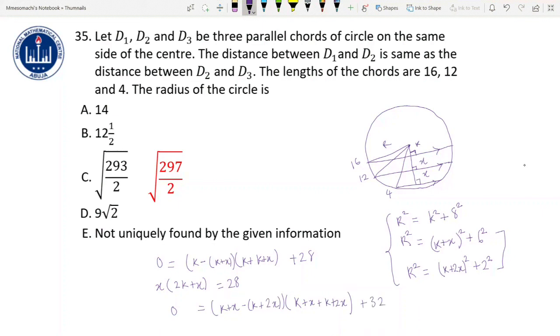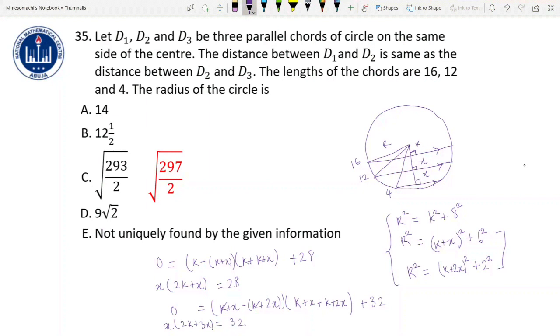We can take this to the other side. K minus K cancels out, and X minus 2X gives us negative X. So when we take it to the other side, we have X into (2K plus 3X) equals 32.